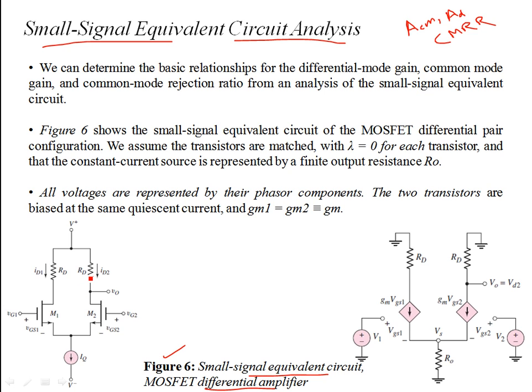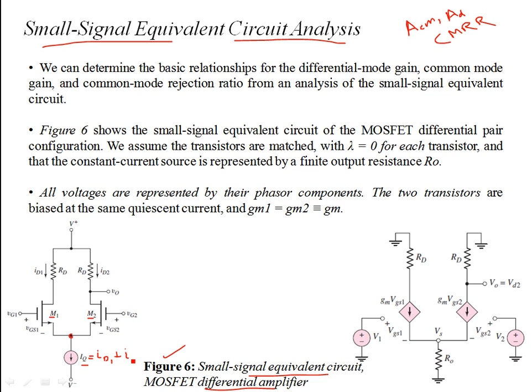If you recall, the configuration for the differential amplifier was that we had these two transistors M1 and M2, which were identical and matched. For the biasing we use this constant current source IQ. If you apply the KCL, IQ is equal to ID1, the drain current of the first MOSFET, plus ID2.